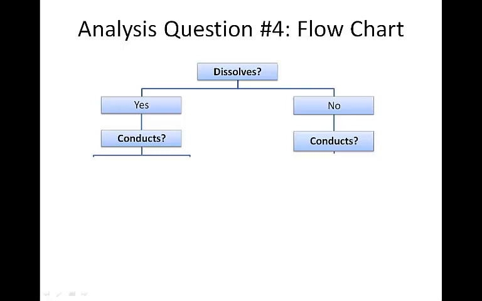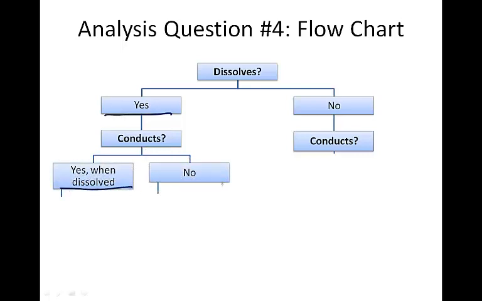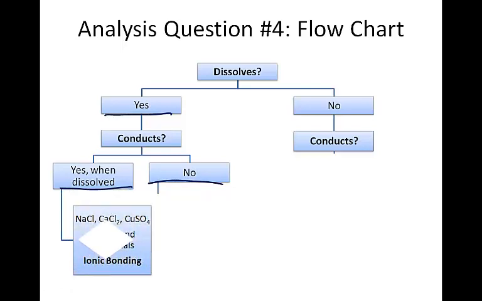Now, we could then ask, well, of those that, yes, did dissolve, did they conduct electricity? And it would either be yes, they did when it dissolved, or no, they did not conduct electricity ever. The things that did dissolve and did conduct, those are ionic. Sodium chloride, calcium chloride, copper sulfate, they have metals and nonmetals in them.